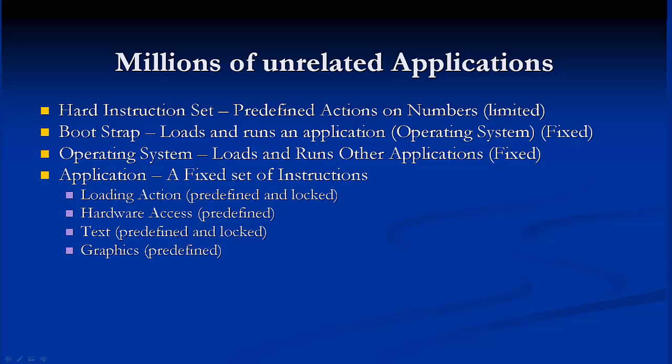Generally we could do pixel by pixel mapping of our own graphics, but generally we will use someone else's predefined, poorly defined graphics. And our pictures, these are predefined, definitely predefined and locked. So our JPEGs, how do we access those? How do we access PNG? How do we access any of these proprietary structures by our own application?